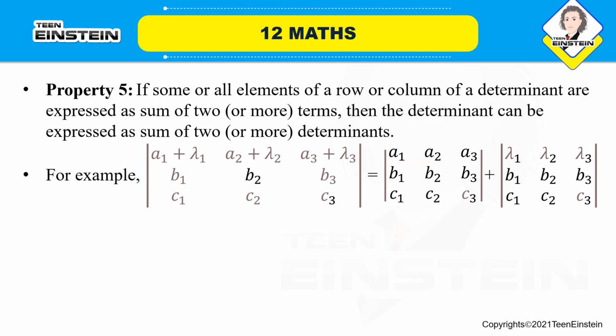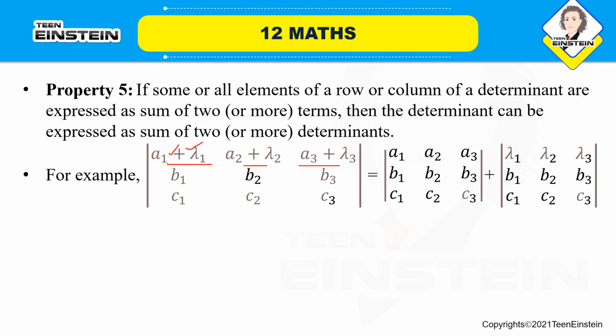For example, consider the determinant given in the left hand side. See the first row elements: a1 plus lambda 1, a2 plus lambda 2, a3 plus lambda 3. Here all the elements of the first row are expressed as a sum of two terms.